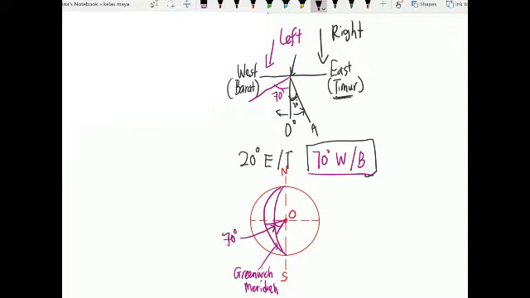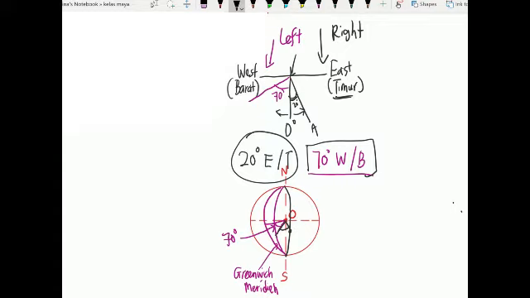Okay, for this 20 degree east, I'll change to black because this is black. 20 degree east must be on the right of the Greenwich Meridian. Let's say it is here. So how's the angle here? It will show like this.